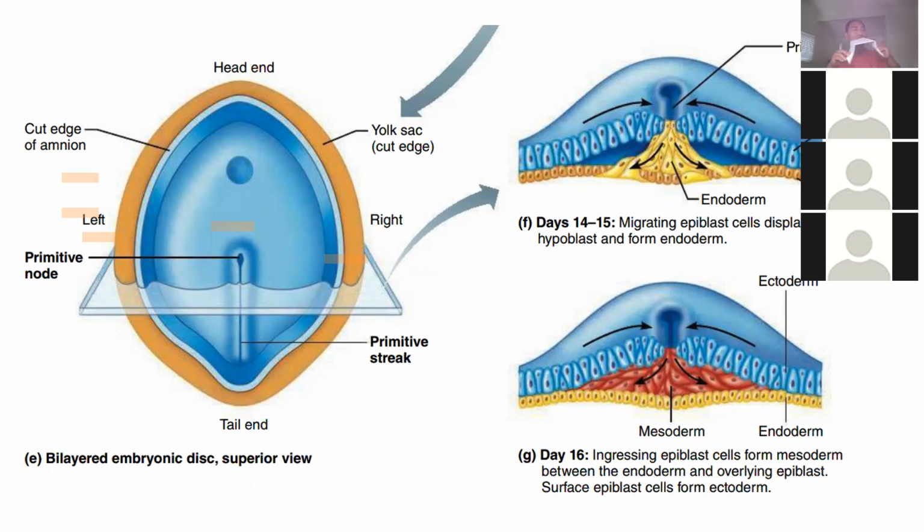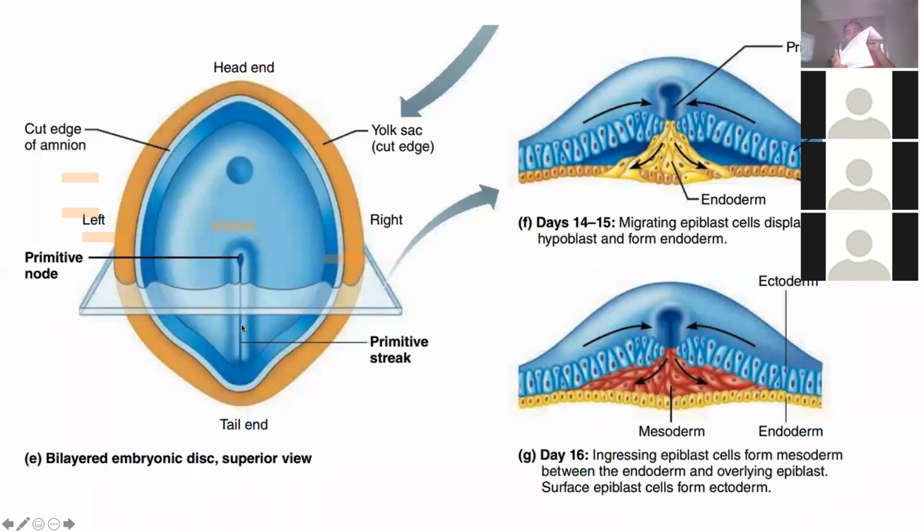they make a fold here. That little fold in the center, because the cells are coming from the periphery to the center, creates a little fold. That little fold is called the primitive streak. The head portion of the primitive streak is called the primitive node, a little bump here.